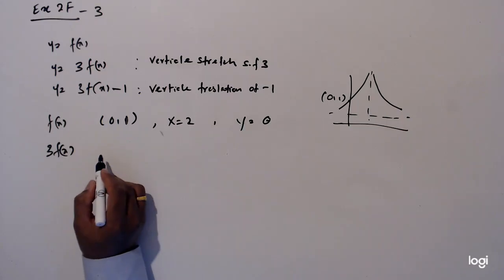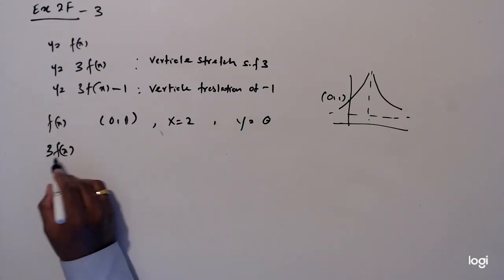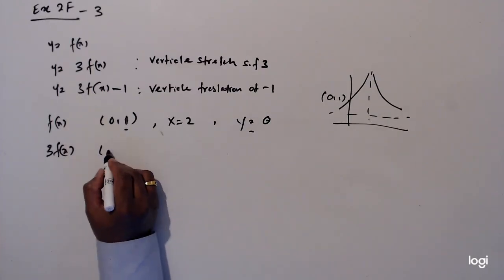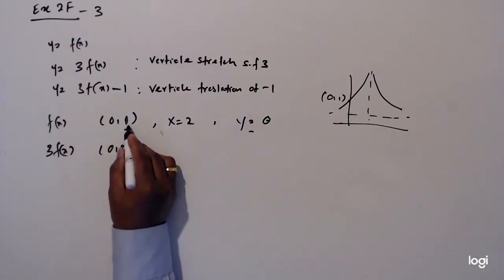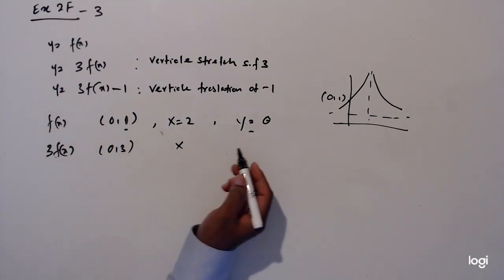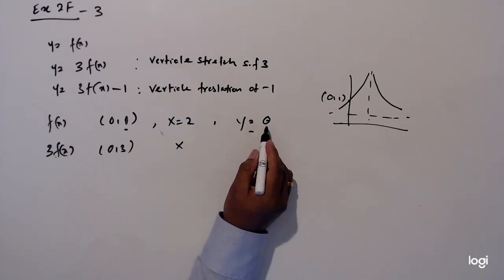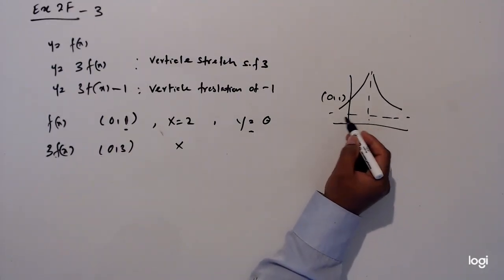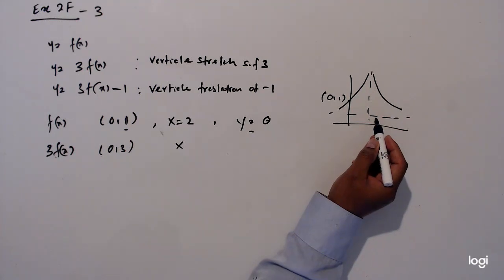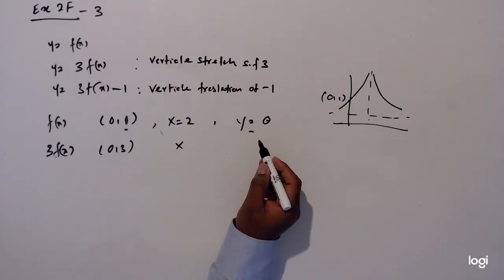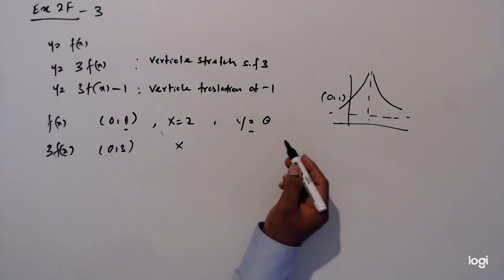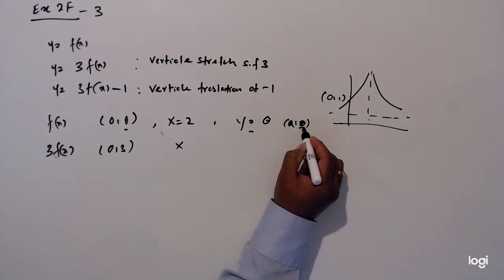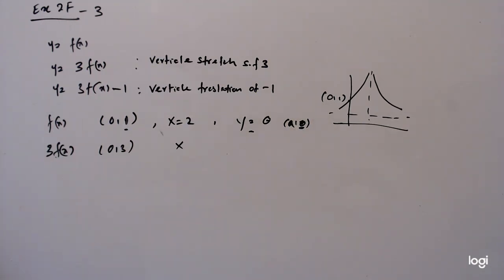Then when you multiply by 3, it is affecting the y values. At 0, this is 3, 1 times 3, and it's not affecting x here. If you consider any point on this y equals 0 line, when you multiply that y value, it doesn't matter, because we are interested in y in this case.